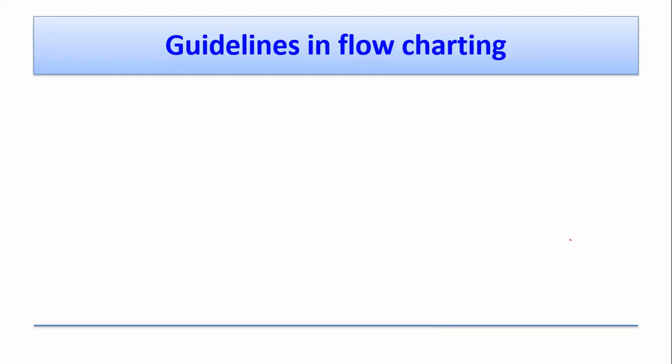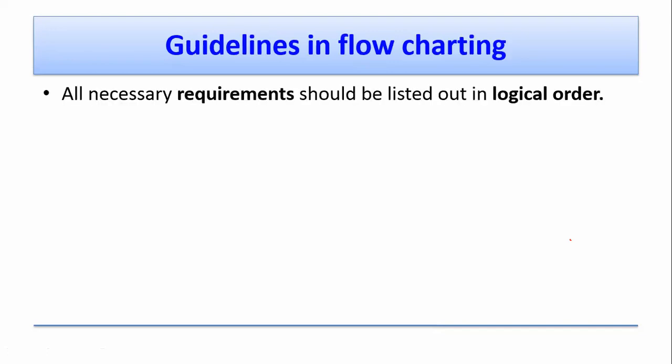And then there are some guidelines for drawing a flowchart. The first one is that all necessary requirements should be listed out in logical order. First of all, we have to consider what the requirements are. In the earlier case, our requirement was finding student ranking.